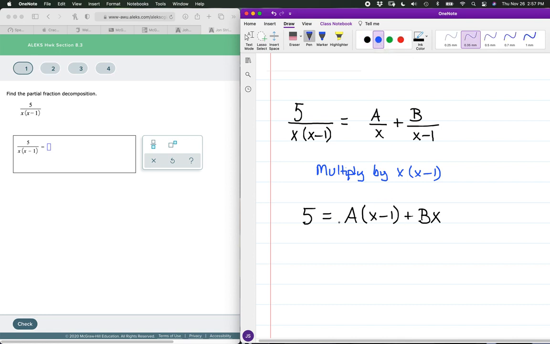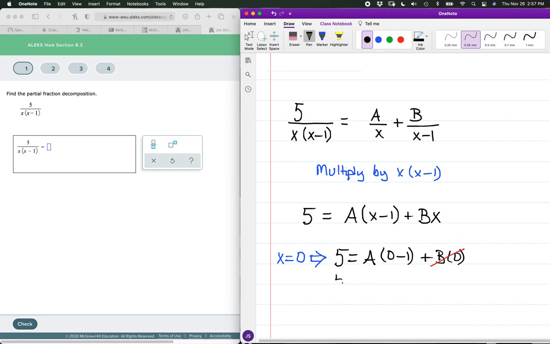Say if I want to solve for A first and get the B out, I can set the factor x to 0. If I set x equal to 0, we're going to have 5 is equal to A times the quantity 0 minus 1 plus B times 0. And of course, B times 0 is 0, so this will go out.